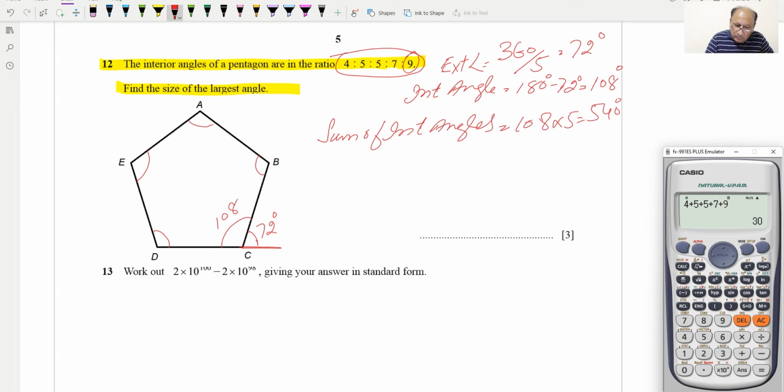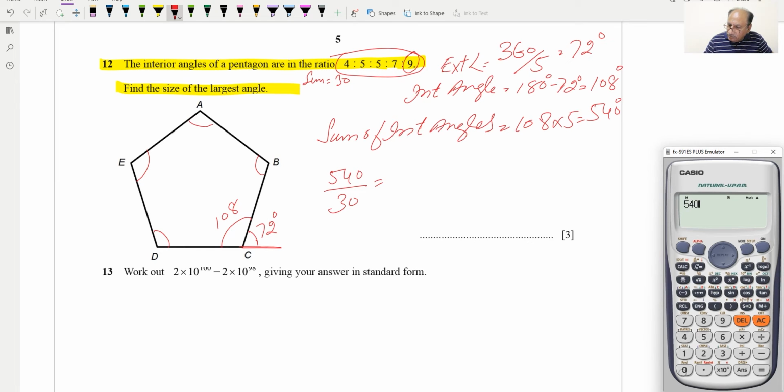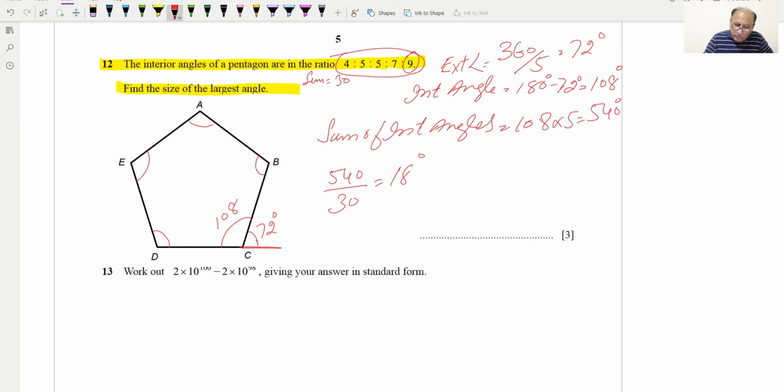So the sum is equal to 30, and we will use 540 divided into 30 portions, which is 540 divided by 30, equal to 18 degrees. Now 18 degrees is for one portion, but we require 9 portions.